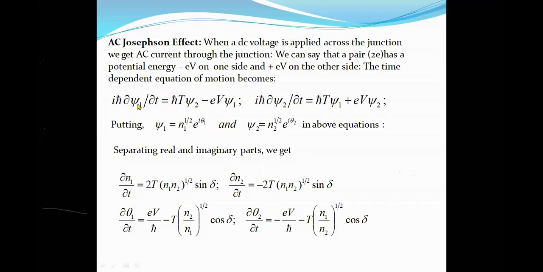So that's how we made our equations symmetric. Rest of the things are the same as you did. Psi 1 is n1 raised to the power half e^(i theta 1), psi 2 is n2 raised to the power half e^(i theta 2) in the above equation. It's only the initial equations, that's only what you have to understand how to write. If you write that, the rest is a simple derivation.